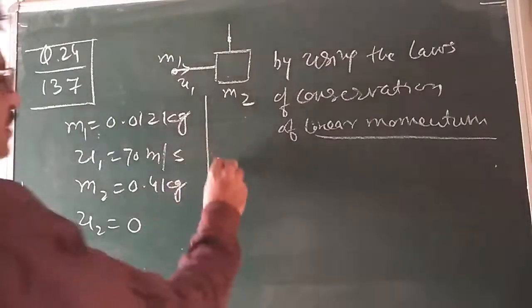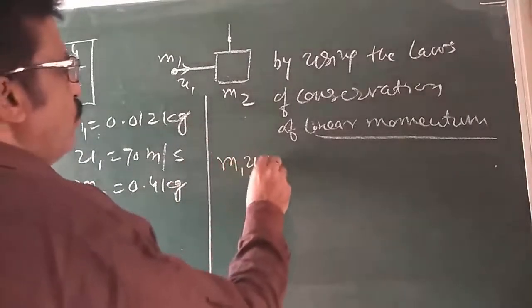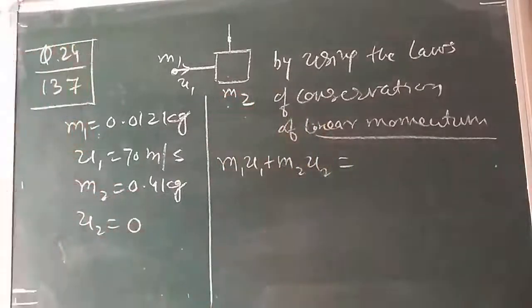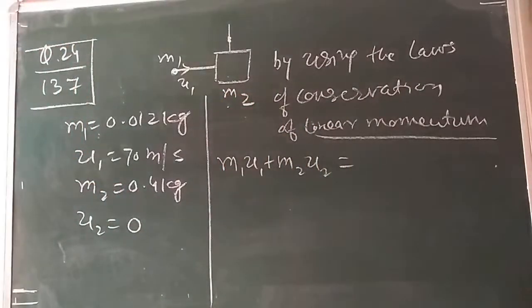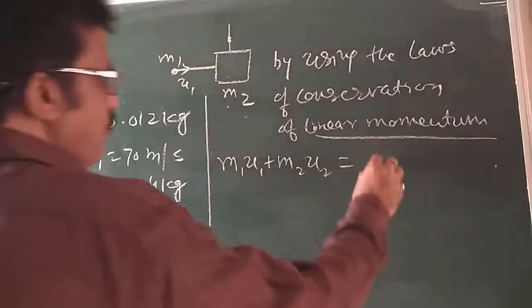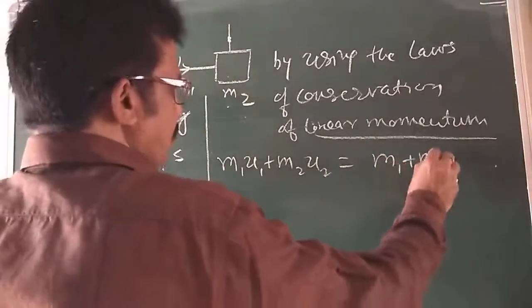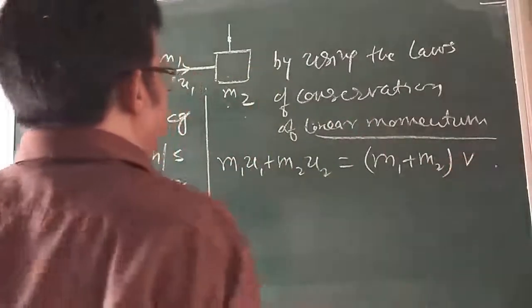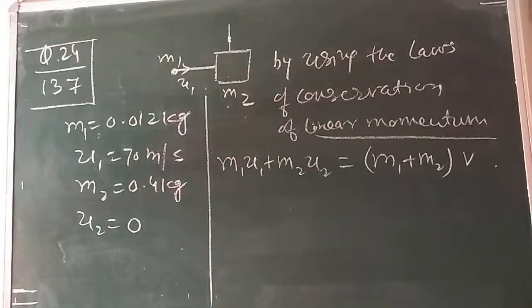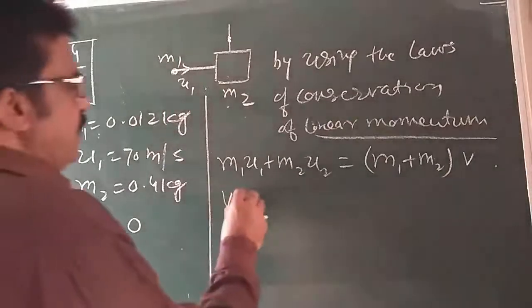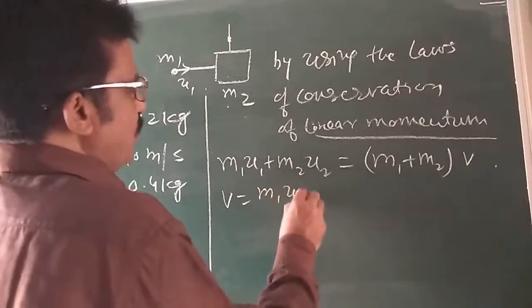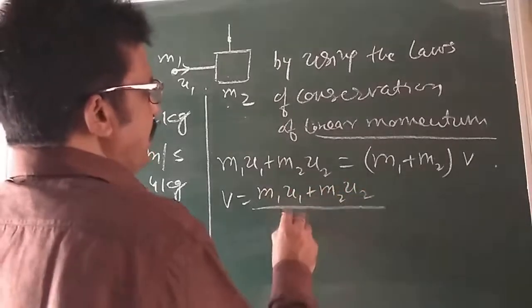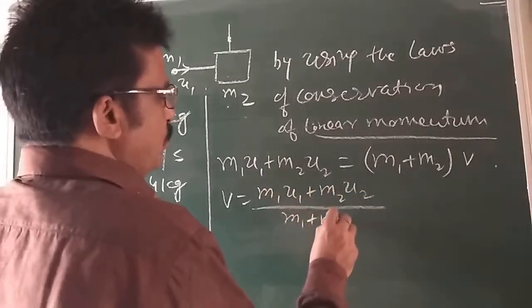that is m1 u1 plus m2 u2 is equal to, after collision, m1 plus m2 in block, the final velocity is v. So v comes out to be m1 u1 plus m2 u2 divided by m1 plus m2 here.